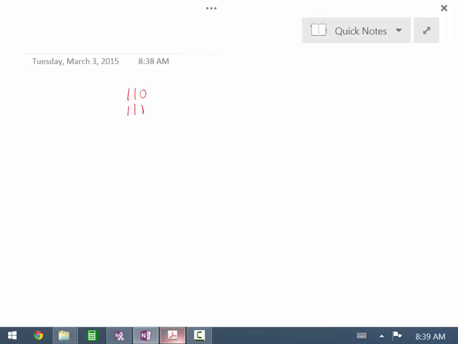So this is going to address an 8-bit location. This is location 6. This is address 7. These are 8 bits wide.